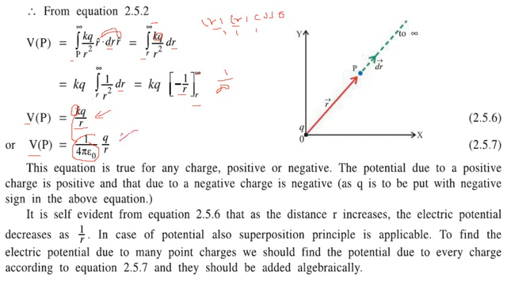This is true for any charge. It may be positive or negative. The potential due to a positive charge is positive, and due to a negative charge it is negative, so Q has to be put with a negative sign in this equation if it is negative.